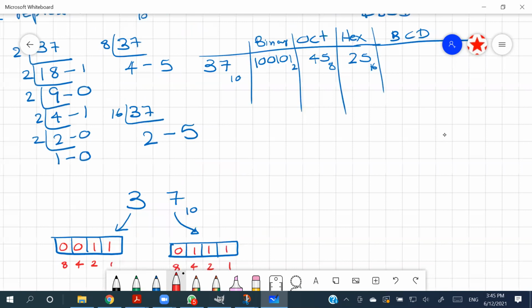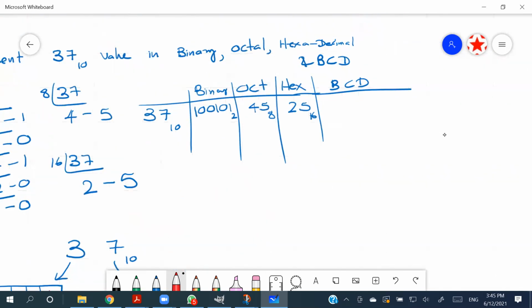So your BCD representation for this is 0 0 1 1 0 1 1 1. This is from BCD. Got this?